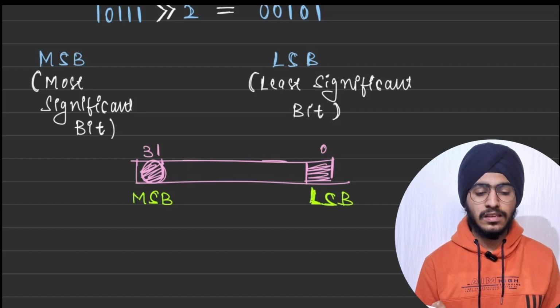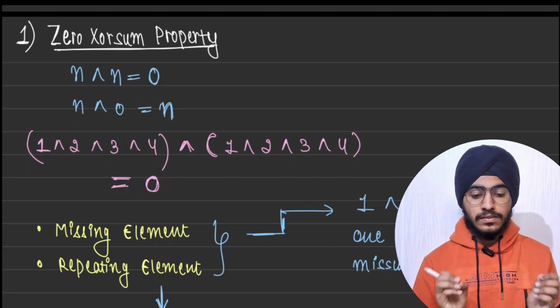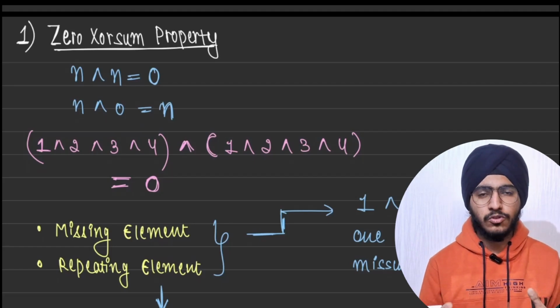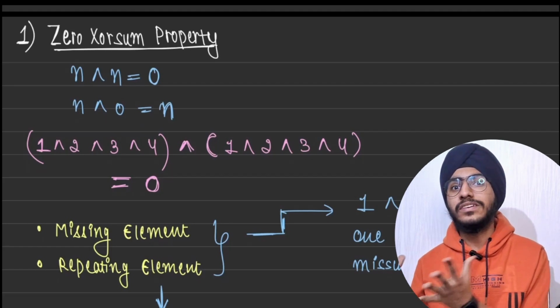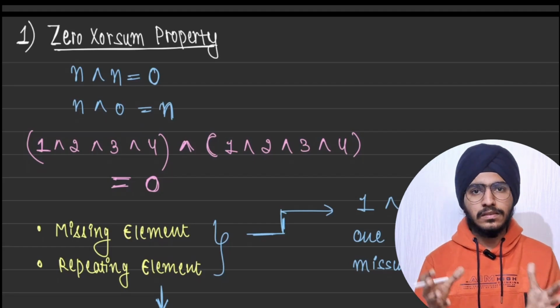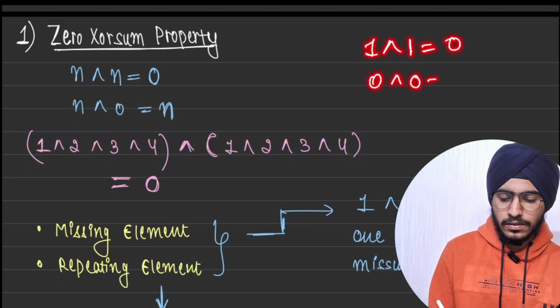So let's discuss the first trick, that is the zero XOR sum property. I have given it a random name, you can give it any name; it's just the name I've given according to its use case. As we have discussed in XOR, if 2 bits are the same, for example 1 XOR 1 is 0, 0 XOR 0 is 0.